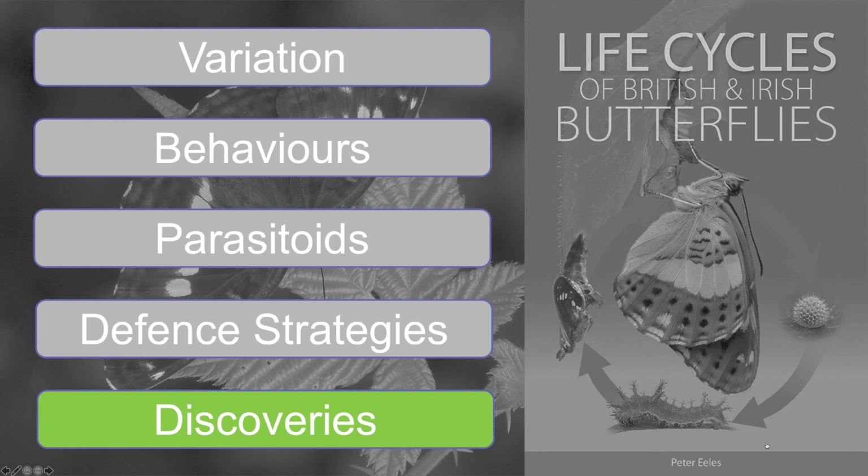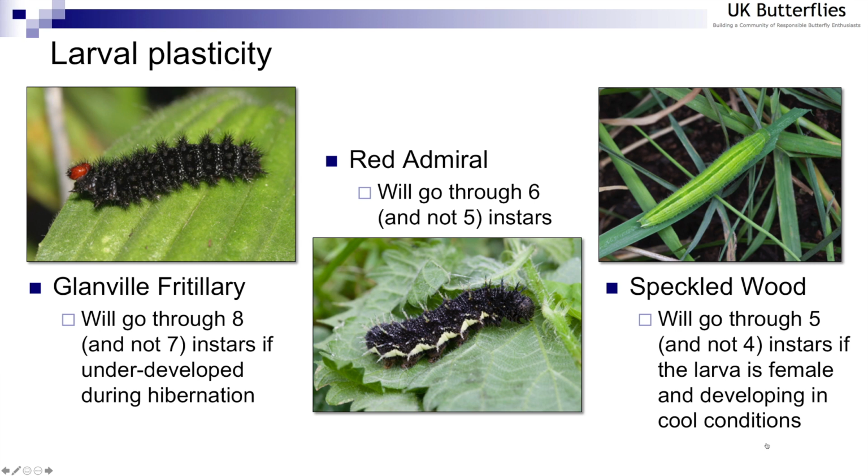Finally, I'd just like to mention some discoveries that have come about as a result of writing the book. One of these is related to something called larval plasticity. On the left-hand side, you can see that the Glanville fritillary will normally go through 7 instars, but will go through 8 if the larva is underdeveloped during hibernation.